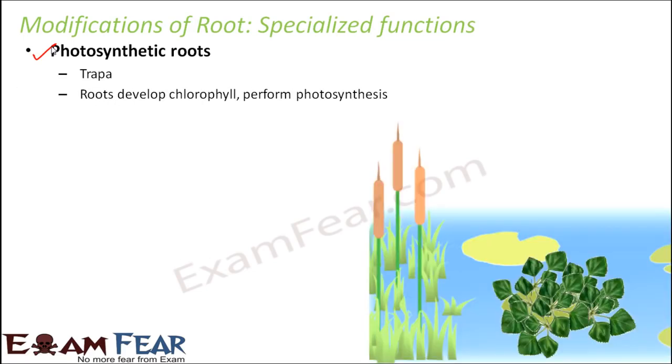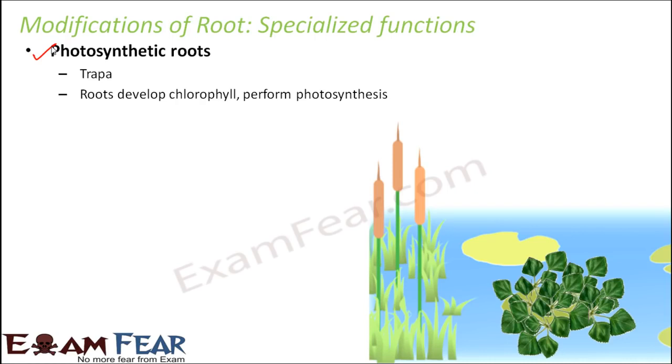Let us look at an example. Trapa is an example of such plants. Do you know what is trapa? If I say in Hindi, we generally call it pani phal or singhara in India. It is an aquatic plant.